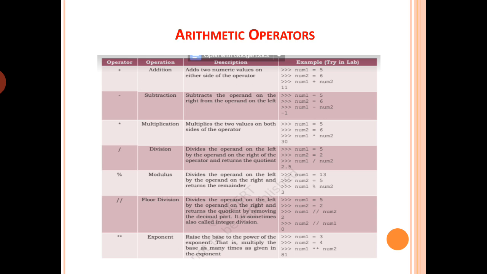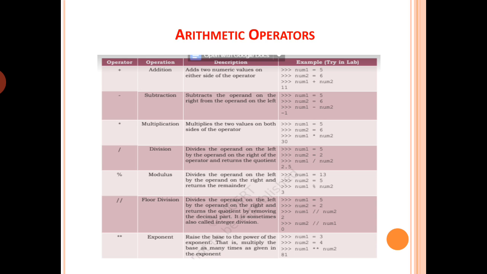The first operator is plus, that is, the operation is addition. It adds two numeric values on either side of the operator. Example: num1 equals 5, num2 equals 6. So num1 plus num2 will add the num1 and num2 values and print it on the screen.